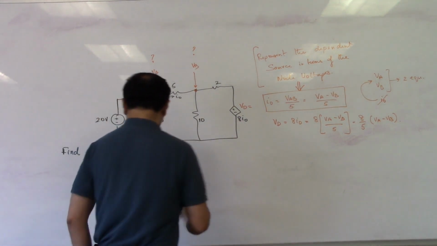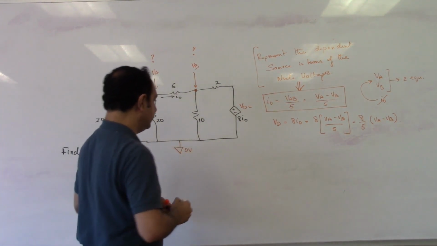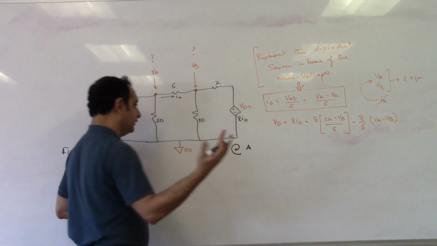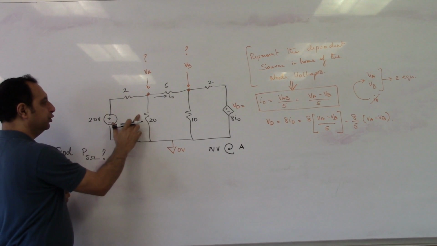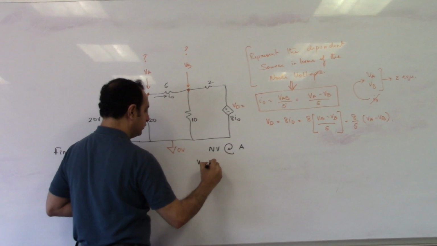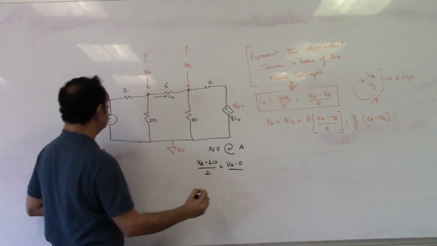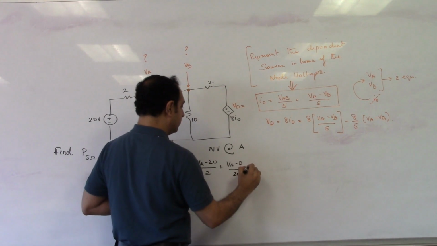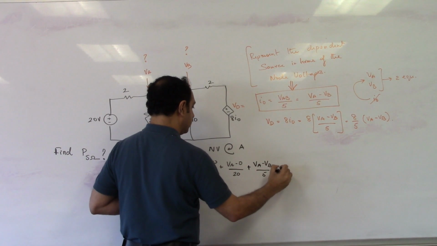Step 1 is the node voltage at A. Nothing changes, everything is as we normally do. So for A, branches 1, 2, 3: (VA minus 20) over 2, plus (VA minus 0) over 20, plus (VA minus VB) over 5 is equal to 0.